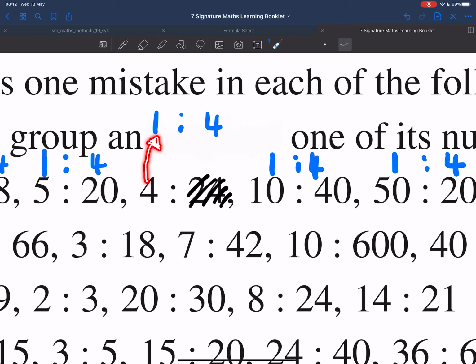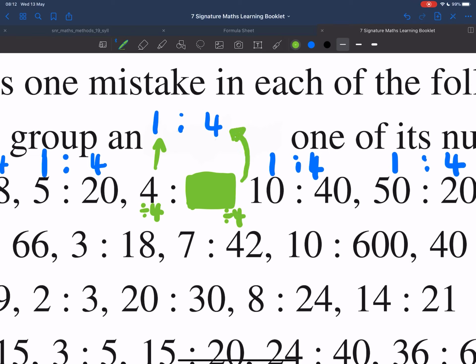I basically need to divide by 4, don't I? Because anything divided by itself will give you 1, right? So I'm going to record my thinking here. So if we divide this number by 4, we get 1. Whatever number goes in here, so we know it's not 24, if we divide that number by 4, then we must get 4.